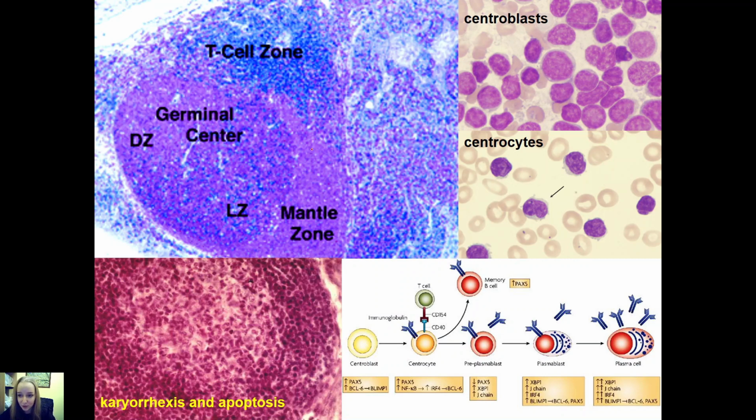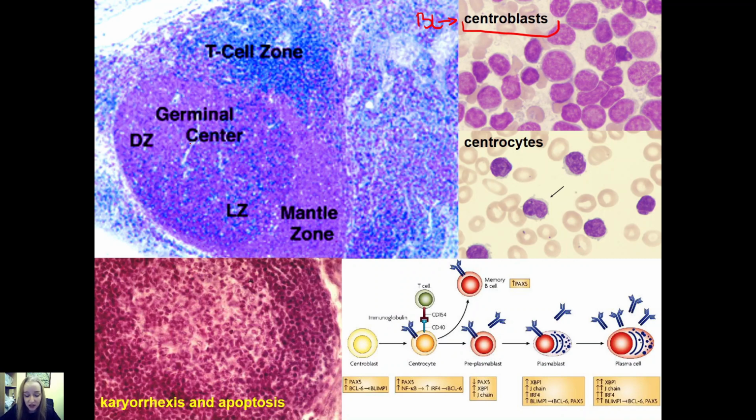And when they start to proliferate, they are very active and they are called centroblasts. So these B lymphocytes will eventually become centroblasts. Centroblasts are very active cells. They are very big with a light nucleus inside. There are many of them because they are proliferating, dividing very well.